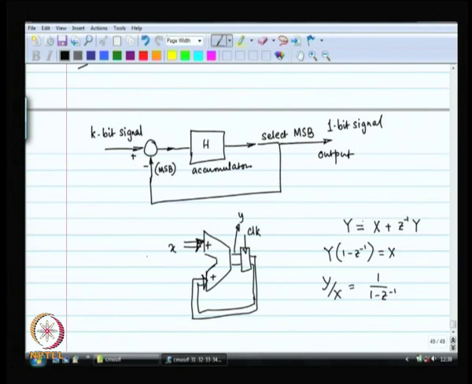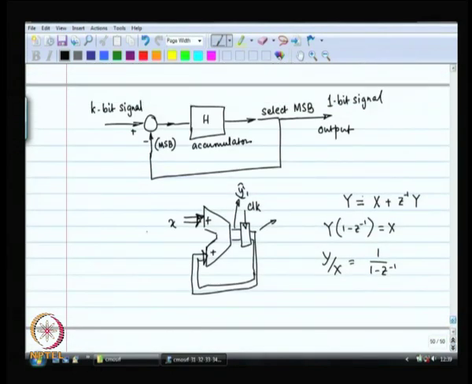Now, if you pick y from here, you have got this. If you pick y out of this point, then you have got a delayed version of that. So, you will get z inverse by 1 minus z inverse, that is the only difference, right. Now, if I have such a scenario, then in the presence of the overall feedback, I am going to assume that there is some quantization noise because of selecting the MSB and discarding the rest, that is your quantization over there.